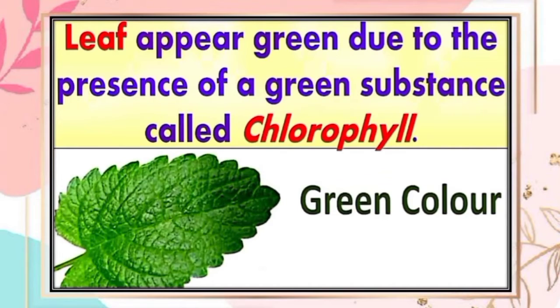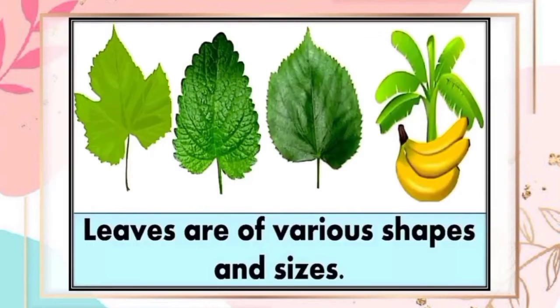So always remember, plants appear green due to the presence of a substance called chlorophyll. There are different types of leaves. Plants can be identified by looking at their leaves. Leaves of some trees are shown alongside.